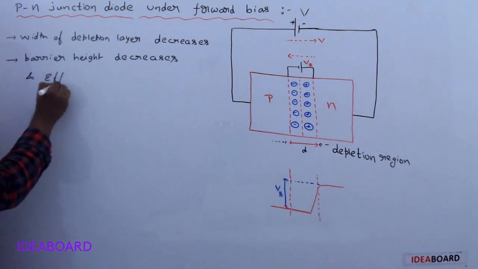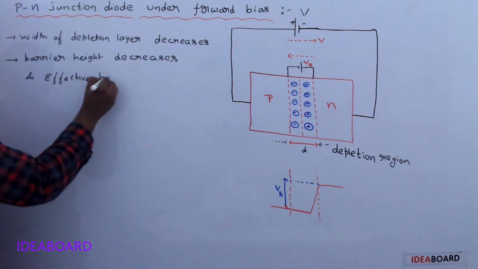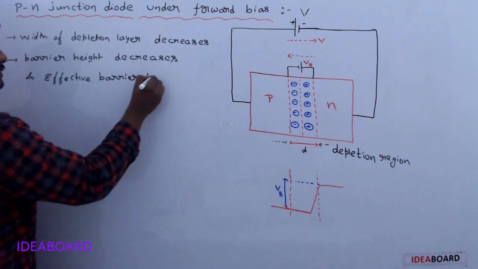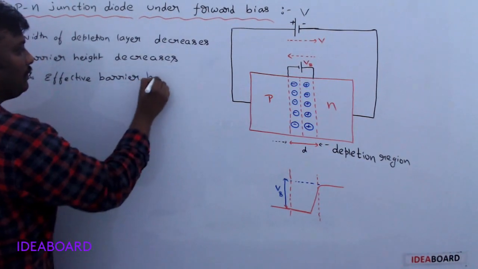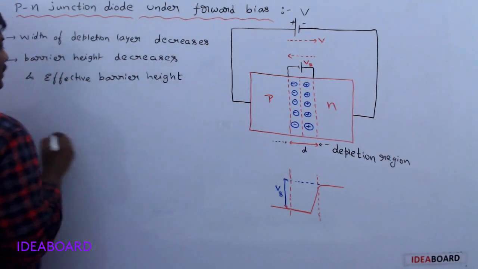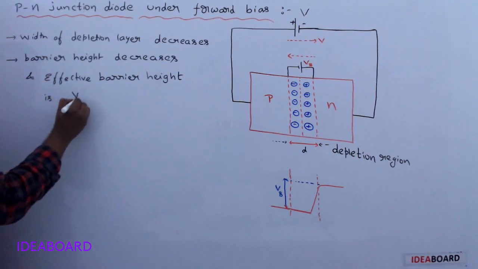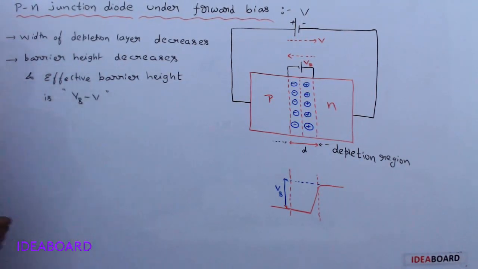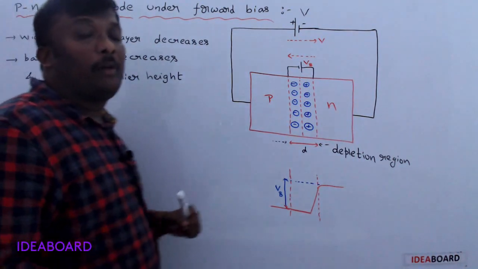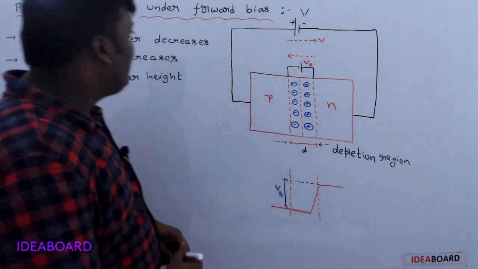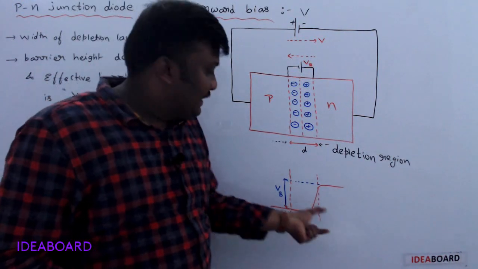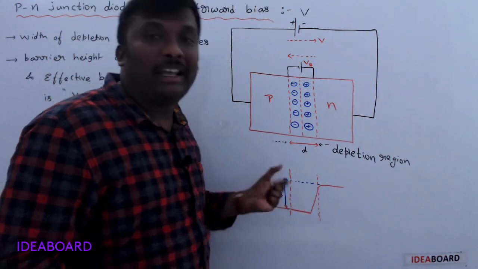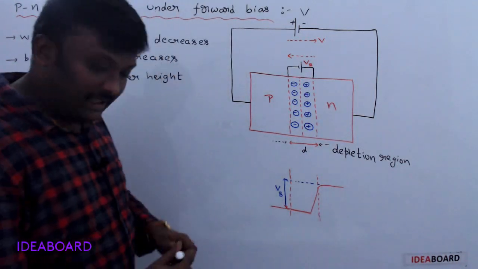The effective barrier height is VB minus V. What is the effective barrier height? It now becomes VB minus V, because V is in the opposite direction to VB. So if the voltage increases, the barrier height decreases. Let us see how it is.